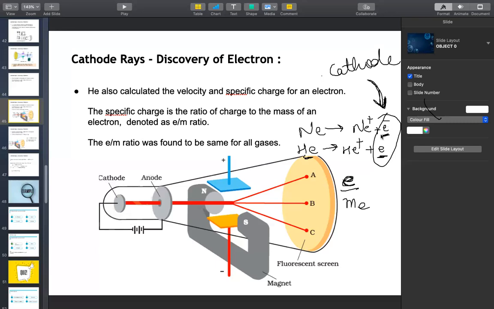No matter what gas you take, the negative particle is nothing but the electron. Neon is giving Ne plus and e, helium is giving He plus and e. This means one type of particle is the same in both the gases, that is e. So charge of e by mass of e will remain the same in any gas, because one particle will always have the same charge and same mass. Understood?